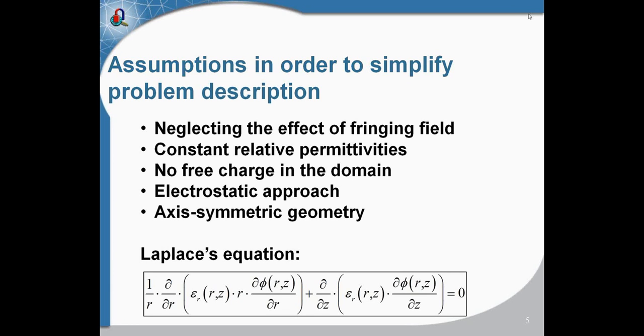Then it's assumed that there is no free charge in the domain, and it can be seen as an electrostatic and axisymmetric problem. So based on these assumptions, the problem can be described using the axisymmetric Laplace equation as outlined here in the box.